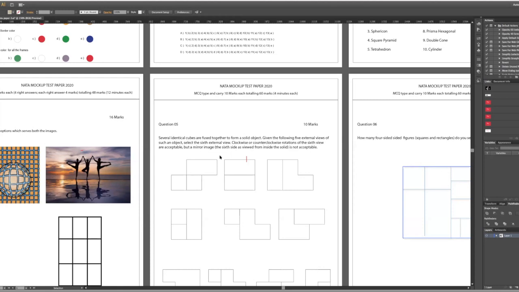How many faces do we have in a cube? Tell me. 6 faces. Like that, this 3D object must have 6 sides. That's why it mentions that 5 external views are given. Select the 6th external view.